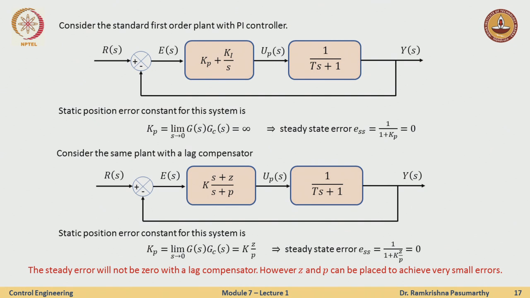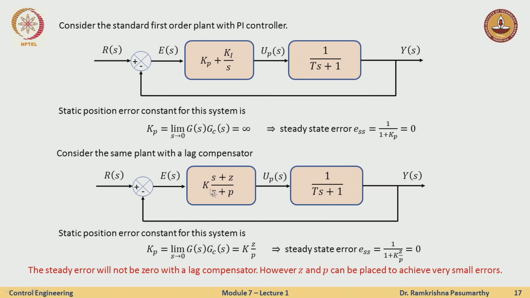Again we will start with the first order plant. I have this PI controller and the static position error, and because of this integral action the steady state error goes to 0. Now consider the same plant with a lag compensator. This was the ideal one, which we said has very good properties in addition to some not very good properties too.